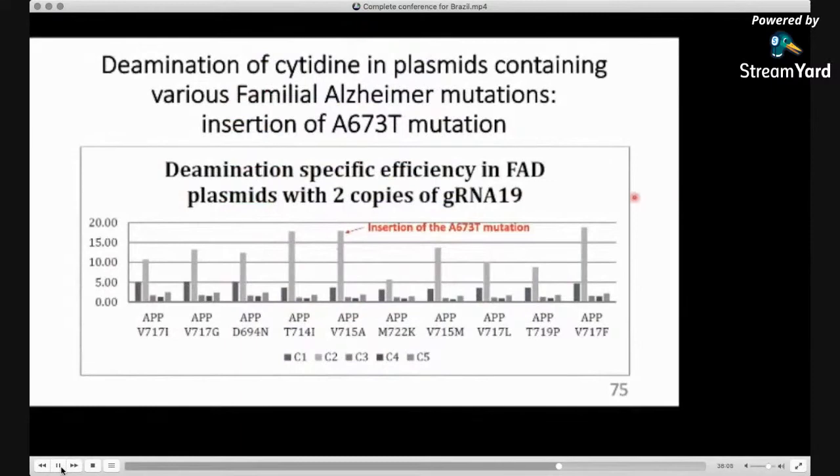By modifying the cytidine in the antisense codon of alanine, we have been able to introduce the A673T mutation in up to 17% of the APP gene. However, other cytidine, also located in the antisense strand, were also modified by this approach.